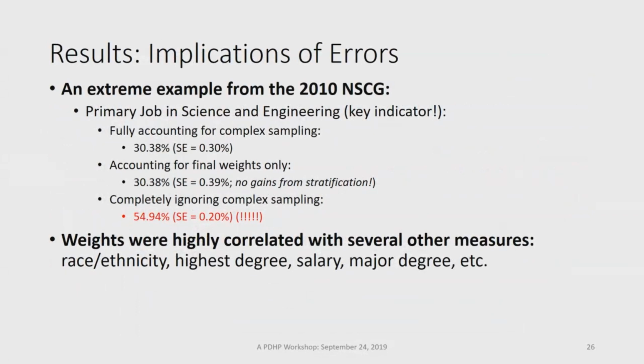This is an upper bound, at least in terms of what we saw, but a 25 percentage point shift in the point estimate if the weights are highly correlated with the variable that you're analyzing. And weights were highly correlated with several other measures like race, ethnicity, your degree, your salary, your major degree, all of this because of the way that they did the sampling, the oversampling that was actually done.